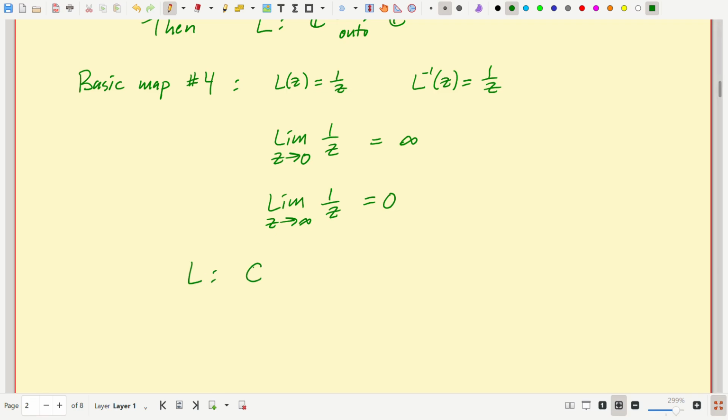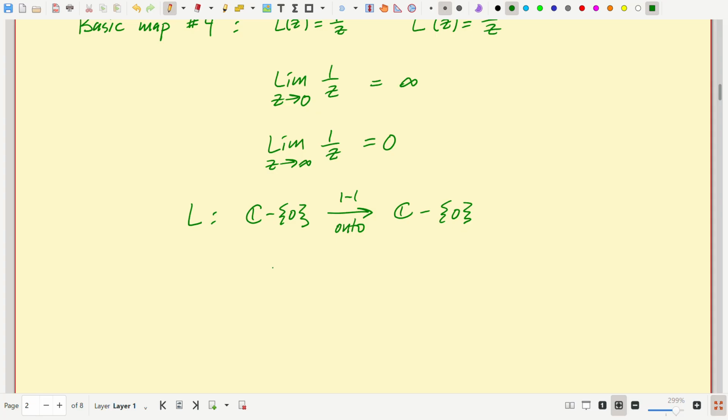It takes C minus 0 one-to-one onto itself, and when I toss in the point at infinity, then it takes the extended complex plane one-to-one onto itself. So here I'm going to write L of 0 equals infinity, and this one's going to be L of infinity equals 0.